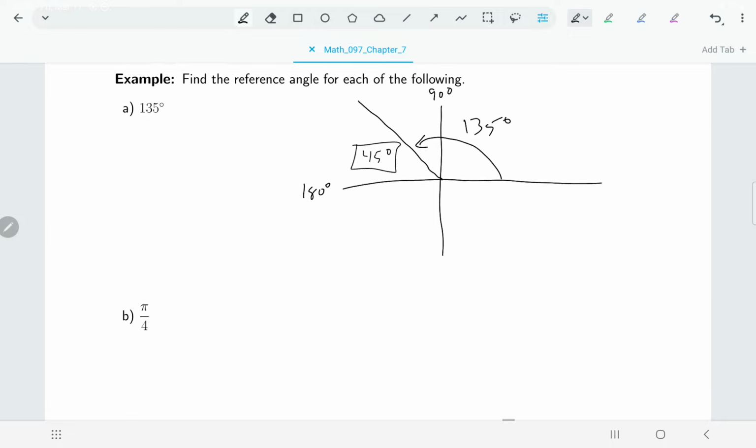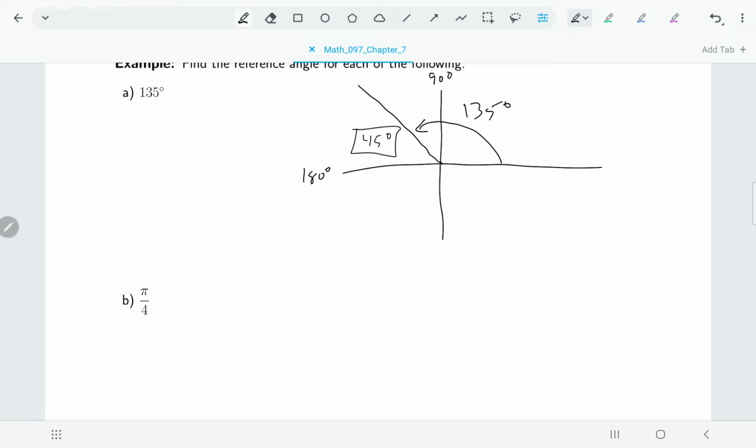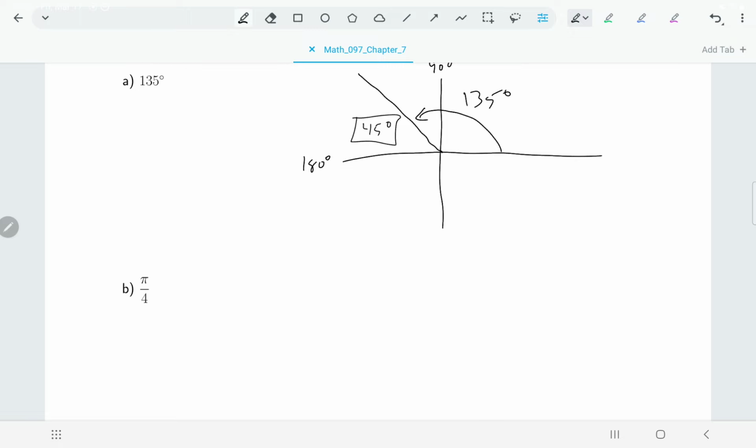Of course, if I'm given an angle in terms of radians, then I should state my reference angle in terms of radians. So for this one, pi over 4, you may have to, on the side, figure out what it is as an angle in degrees so you know where it lives. Pi over 4 is equivalent to 45 degrees. And we know where 45 degrees would be. It would be in quadrant 1.